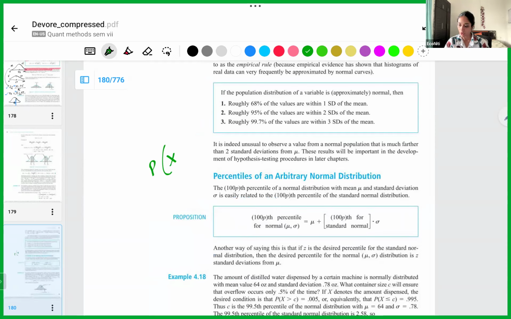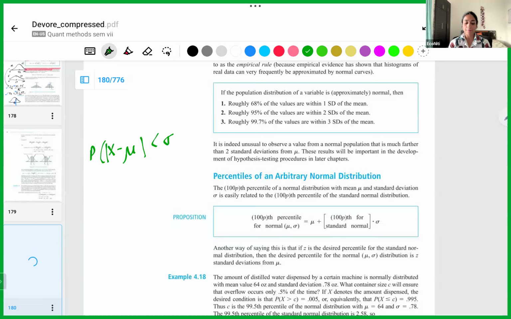So the probability that X minus mu, the way to write it is like this. X minus mu means how much deviation there is around mu, around the mean, is less than 1 sigma is 0.68 for any normal distribution, not just standard normal. In any normal distribution, 68% of the values will lie within one standard deviation.